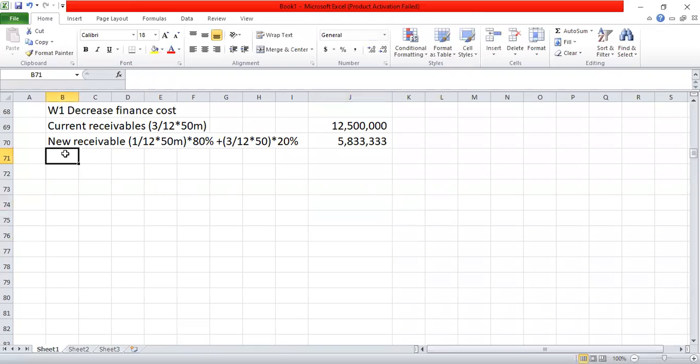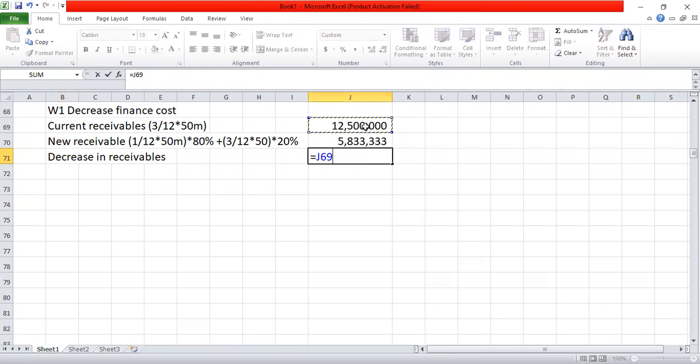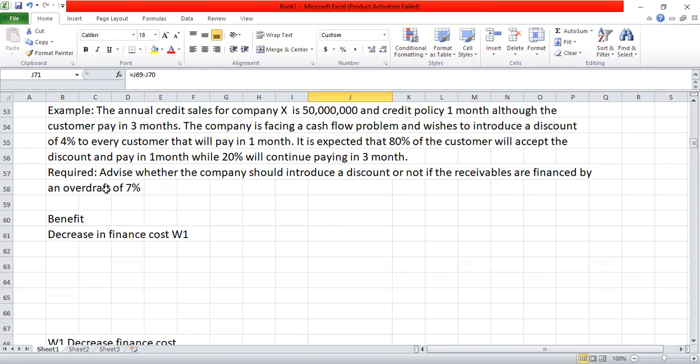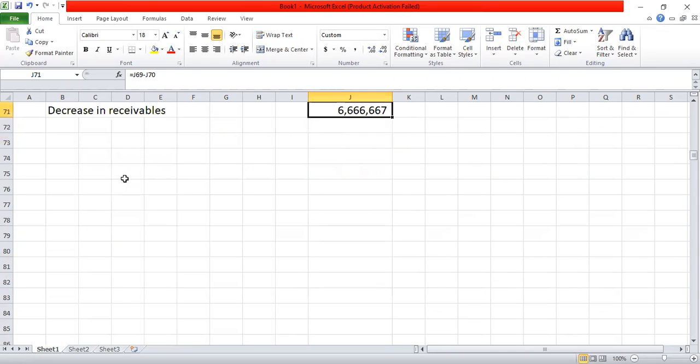So the decrease in receivables is going to be this minus this. They told us this receivable is financed by an overdraft of 70%.